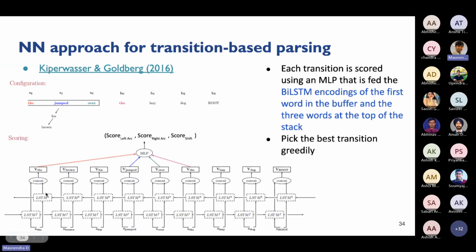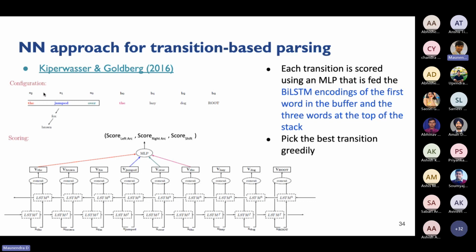Here they use BiLSTM, but one can use any contextual embedding method. So the input is the brown fox jumped over the lazy dog. You also have the word root. You pass it through an LSTM, and the BiLSTM representation for each of the words is with you.